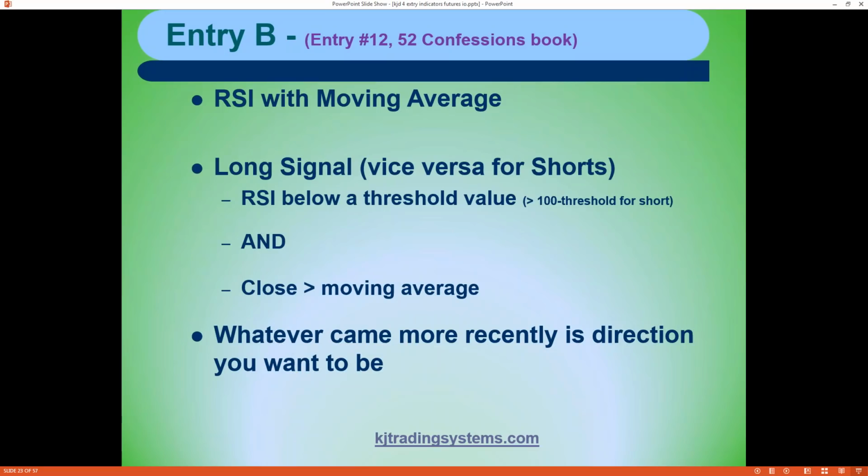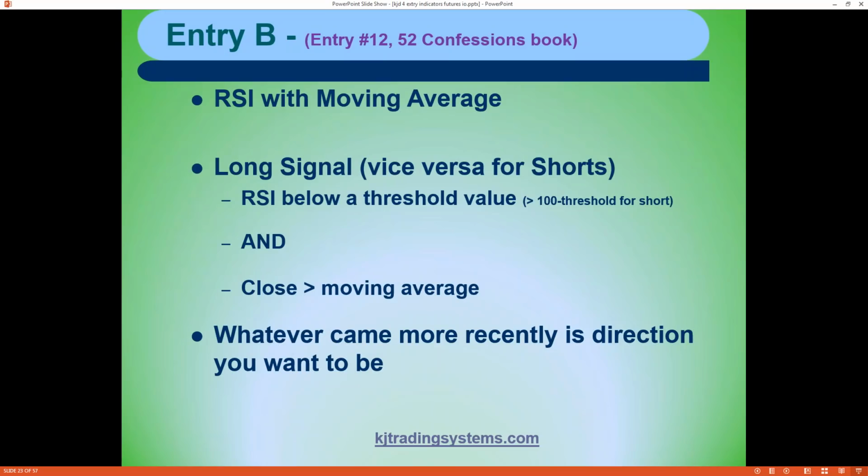So this one acts a little differently than the first one, but I'm saying if the RSI is below a certain threshold value and the close is above the moving average, that's a long signal, and that stays in place.